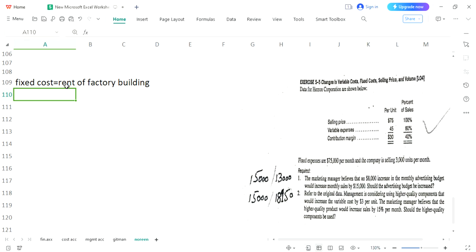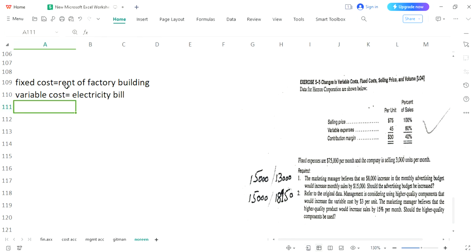This was the first element which we have discussed, and then we have seen variable overhead or variable cost, the cost which will be altered according to the level of production. If you increase your level of production, this cost will increase. If you decrease the level of production, this cost will decrease. The example which we have discussed was electricity bill.